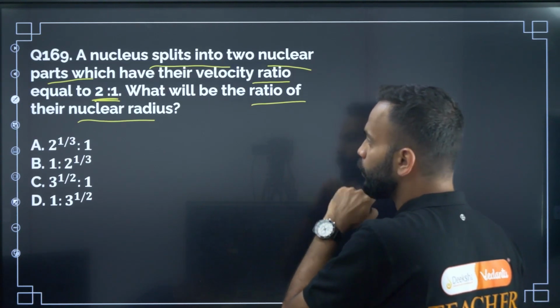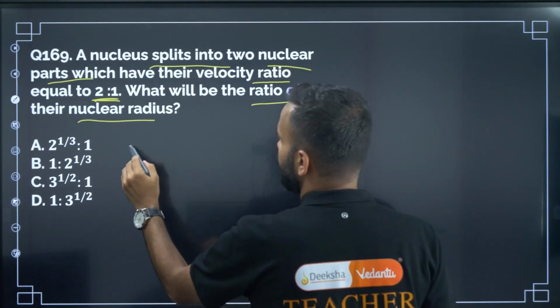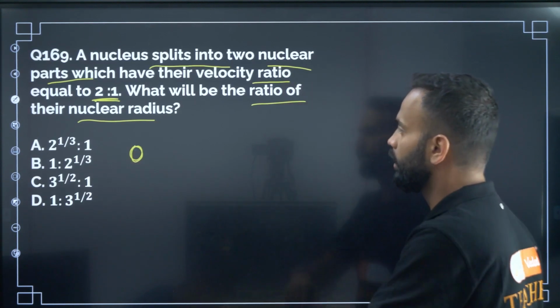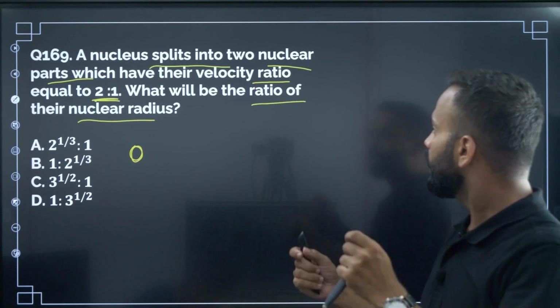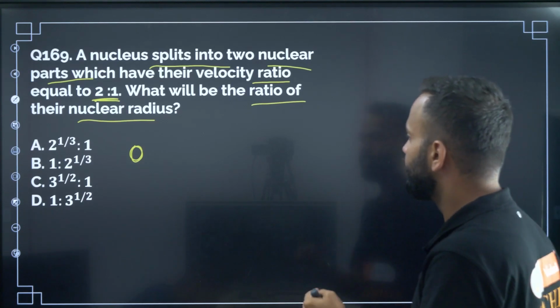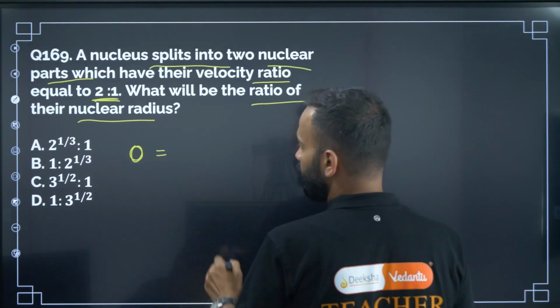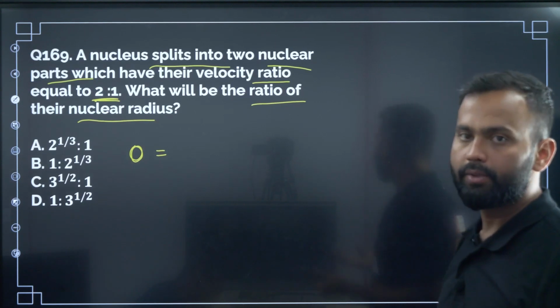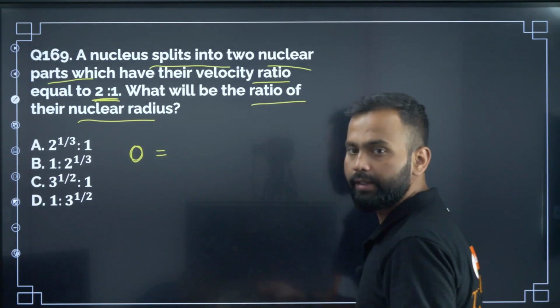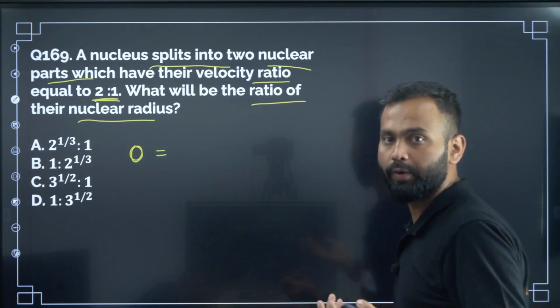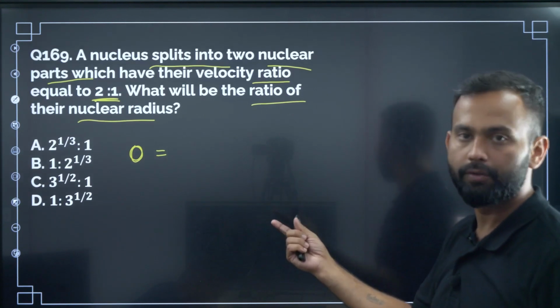Here, initially the nucleus is at rest. Now it splits into two parts, and both parts will have different velocities. So apply the conservation of momentum theorem, because there is no external force acting on our system.